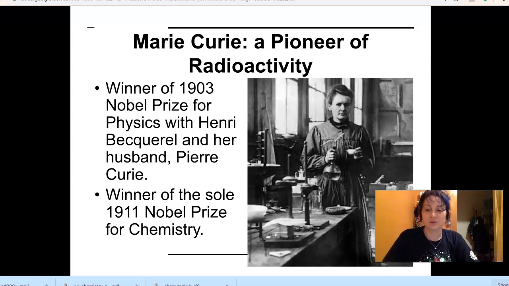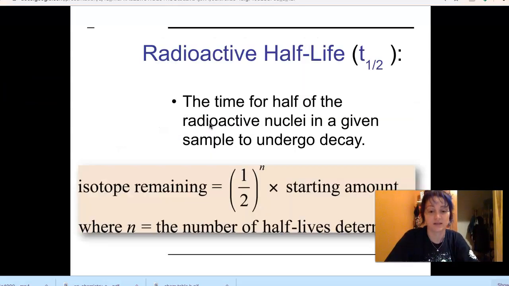She was the first person to win 2 Nobel Prizes. She was the first woman to win a Nobel Prize. She won the first prize with her husband and Henri Becquerel in physics, and in 1911 she won her own Nobel Prize in chemistry. She also saved millions of lives during the war with her work in radioactive isotopes in medicine.